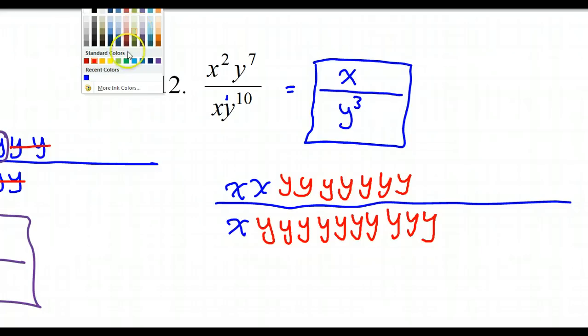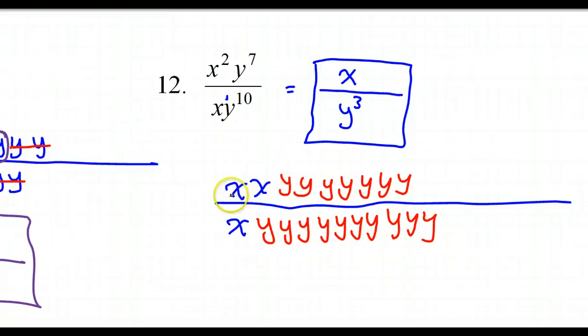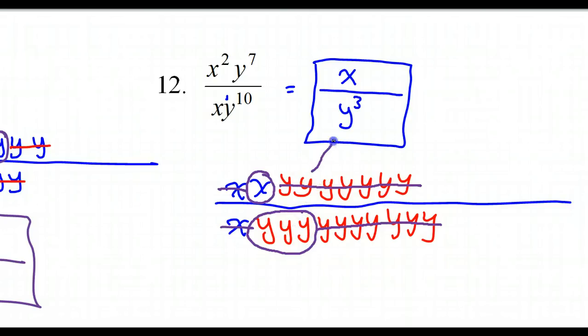So what happens? This 1 x cancels out one of these x's, leaving 1 x behind. These 7 y's cancel out 7 y's, leaving 3 y's on the bottom. And that is how we get 1 x in the top, 3 y's on the bottom.